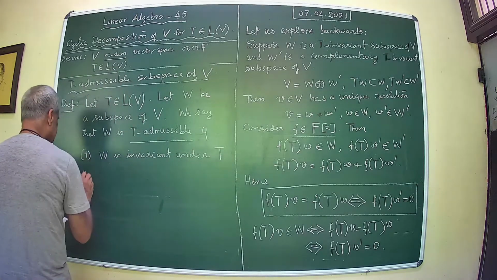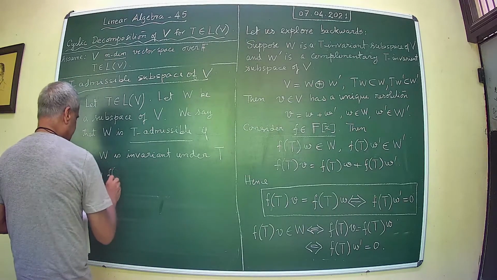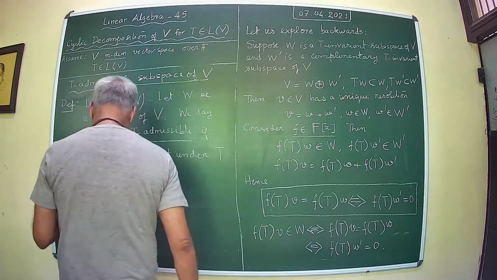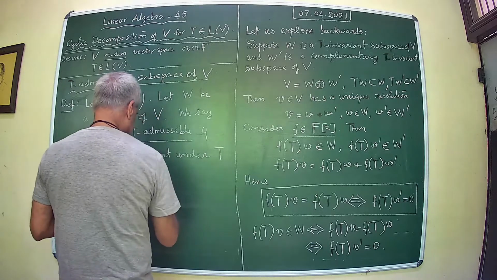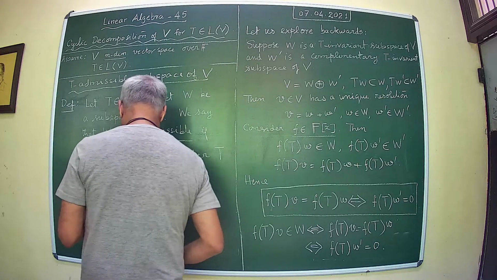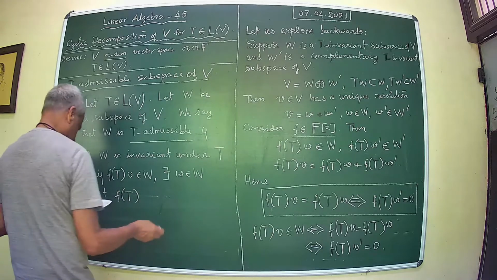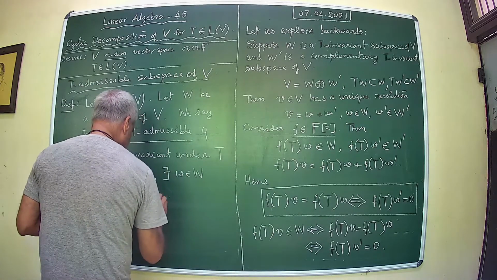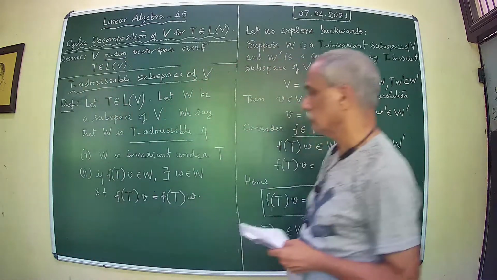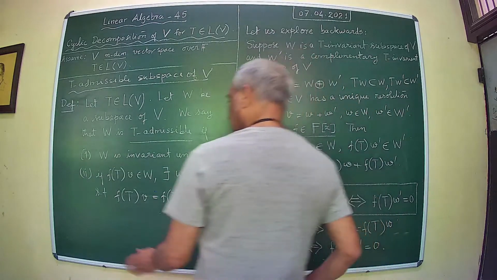The second condition is that if f(T) v belongs to W, there exists w belonging to W such that f(T) v equals f(T) w.